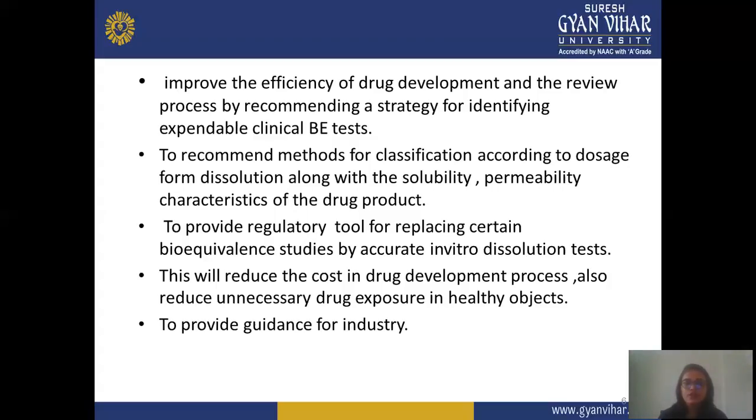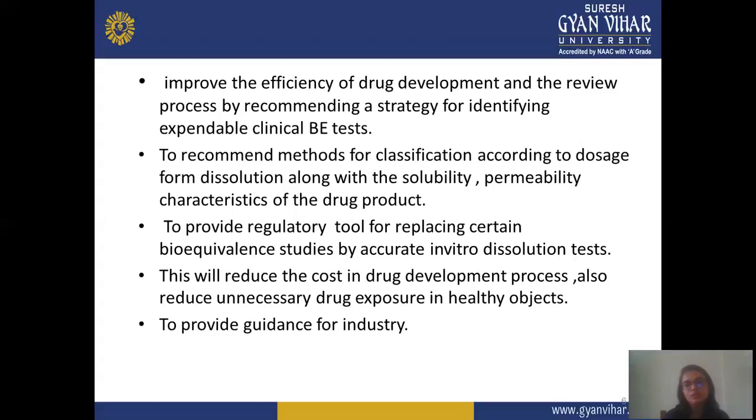Next is to provide a regulatory tool for replacing certain bioequivalence studies by accurate in vitro dissolution tests, or you can also meet certain regulatory requirements by performing this in vitro test or bioequivalence study. With the help of this regulatory requirement, you replace or avoid in vivo tests, and with the help of in vitro tests, you just finalize your formulation. This will reduce the cost in the drug development process, and also reduce unnecessary drug exposure in healthy subjects.